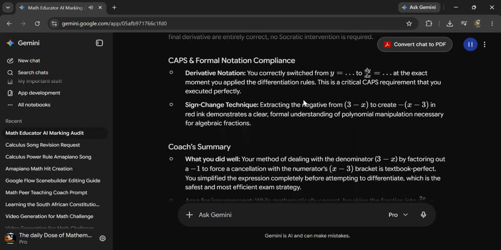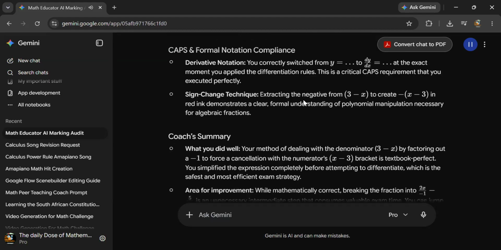You correctly switched from y equals dots to frac dy dx equals dots at the exact moment you applied the differentiation rules. This is a critical CAPS requirement that you executed perfectly. Sign change technique. Extracting the negative from 3 minus x to create x minus 3 in red ink demonstrates a clear, formal understanding of polynomial manipulation necessary for algebraic fractions.